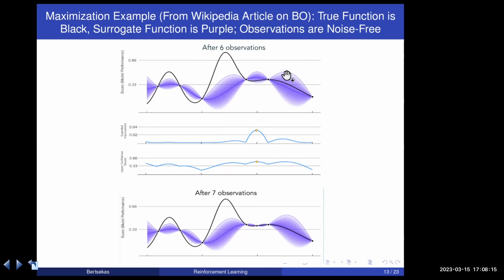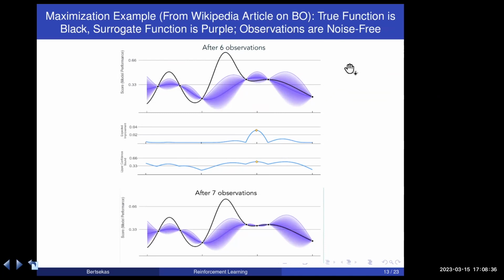Through statistical formulas, we have obtained this band. It has large variance here and relatively low variance here, and we also have the mean plotted with this purple curve.